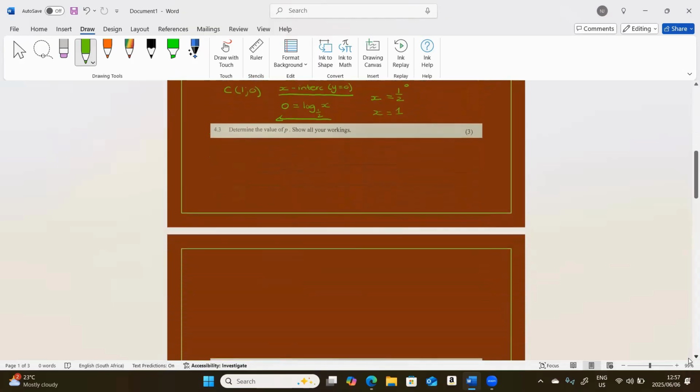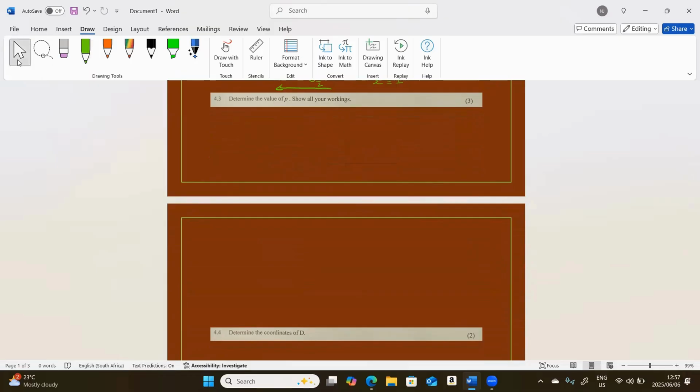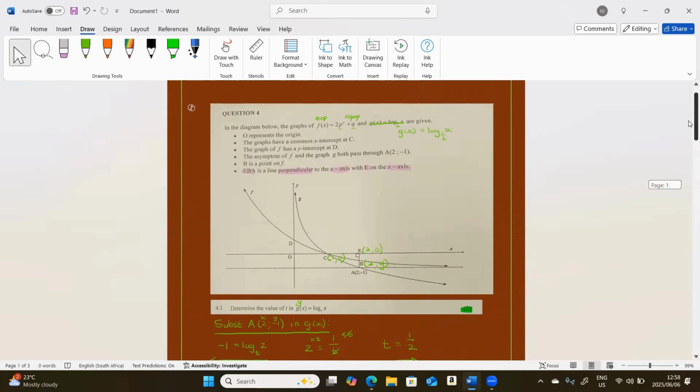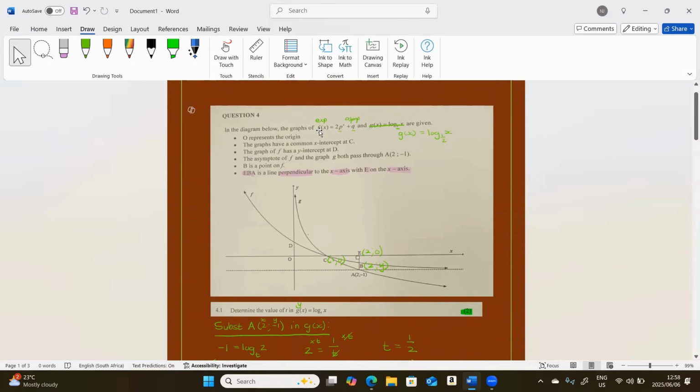Okay, 4.3. What do they ask us to do over there? They say determine the value of P. Show all your workings for 3 marks. Okay, so we already knew when we had a look just now at fx, the exponential equation, we saw that there's a P and there's a Q. So now the question is that we have to go and solve for P. Now let's quickly think about this, right?